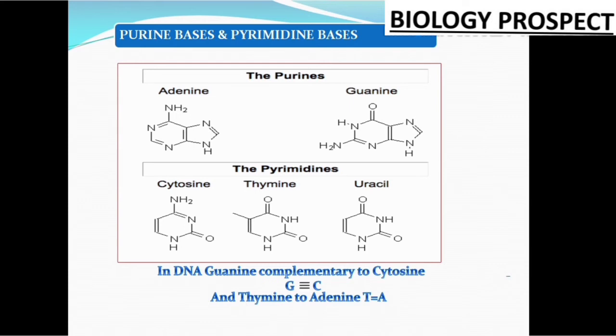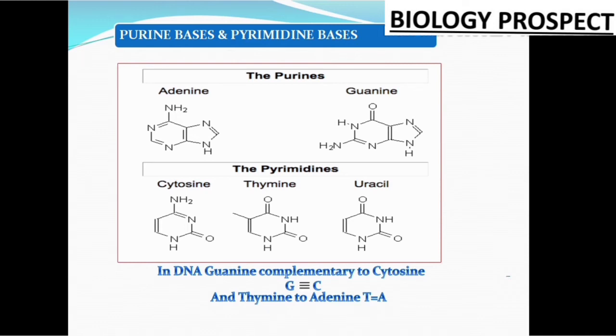Friends, you have already seen the slide on the screen which helps you understand the basic difference between the purines and the pyrimidines. The purine nitrogen bases consist of 9 atoms together, and obviously since these are nitrogen bases, nitrogens are present in there, and they are joined together with hydrogen bonds.